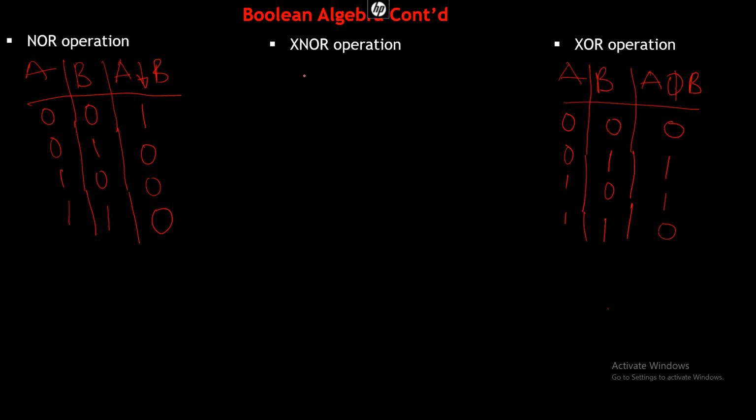Now let's look at our XNOR. A, B, just like the others. Now, take note of the notation. This is the notation.